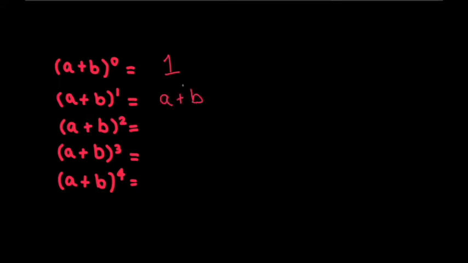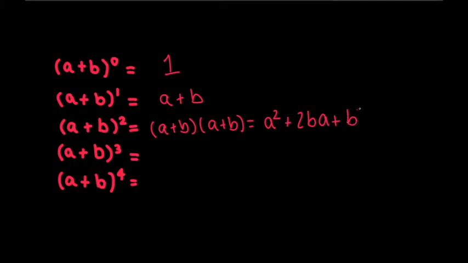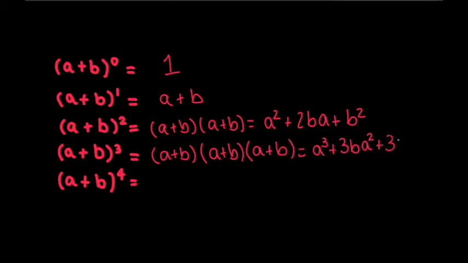(a + b) squared is going to be the same as (a + b) times (a + b), which is going to be the same as a squared plus 2ab plus b squared. (a + b) to the third is (a + b) times (a + b) times (a + b).